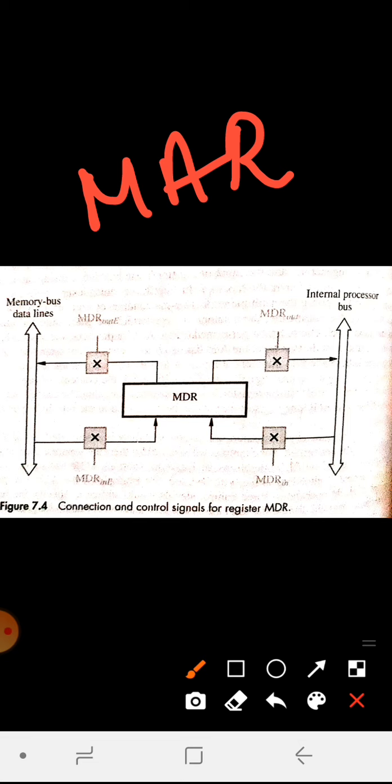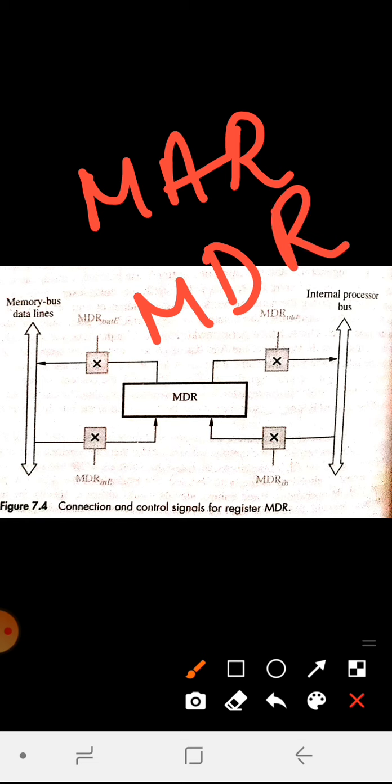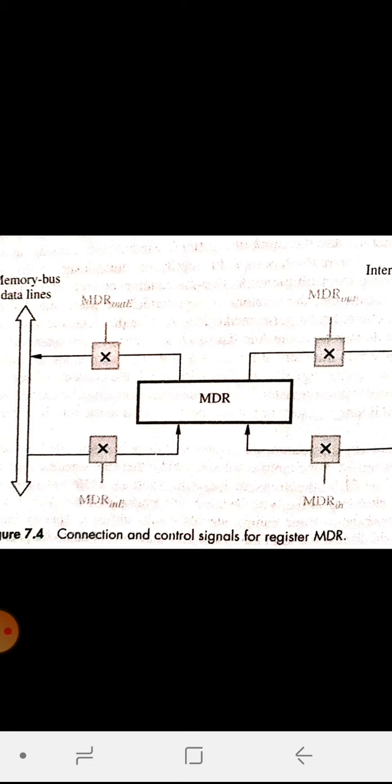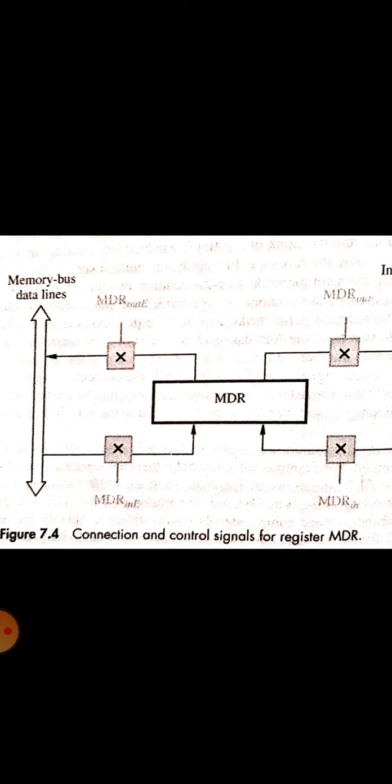When the requested data is received from the memory, it will be stored in another register, that is the MDR, nothing but the memory data register, from where it can be transferred to other registers in the processor. Now you can see this diagram. This is the memory data register. It uses 4 control lines, right? Two control lines are needed to control the connection to the internal bus, and another two signals are used to control the connection to the external bus.